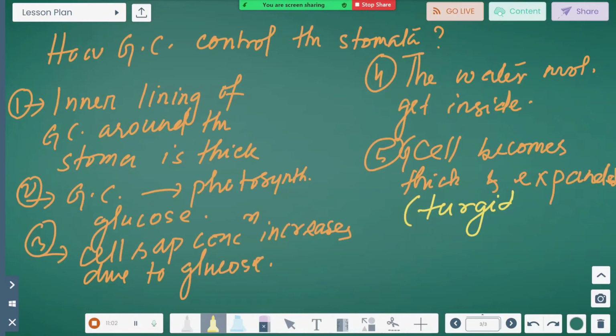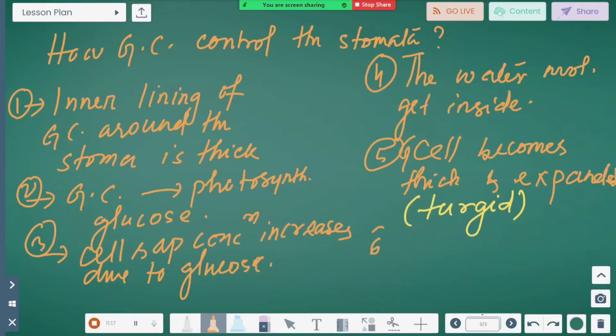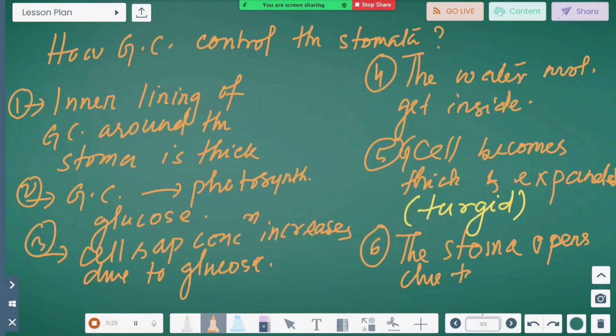This is the first chapter of your class 8 biology, called absorption by roots, and you are going to study exactly the same concept over there. So guard cells become thick and expanded, which is called the turgid state of the guard cells. And next, because of this, the stoma opens due to the turgidity of the guard cells.